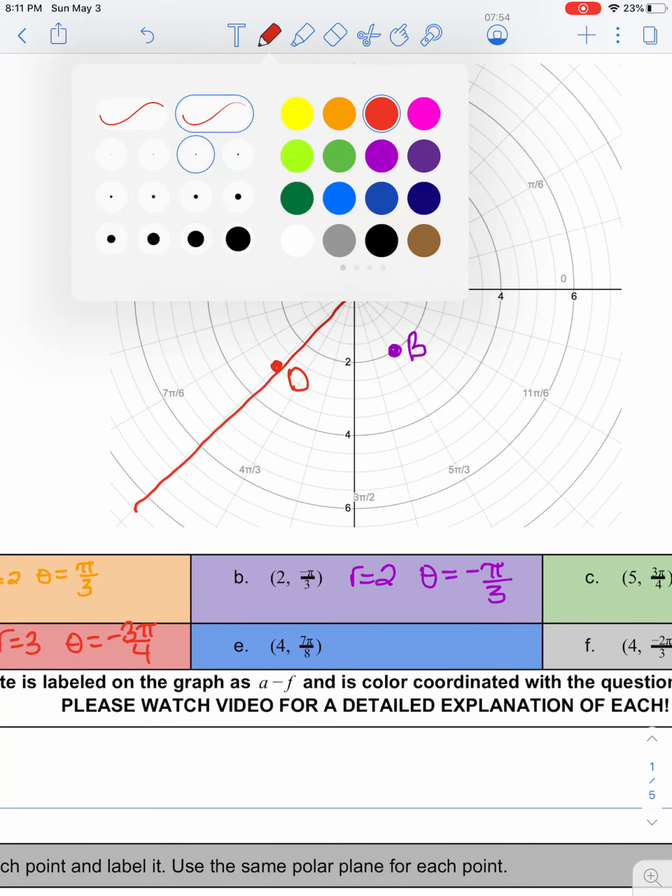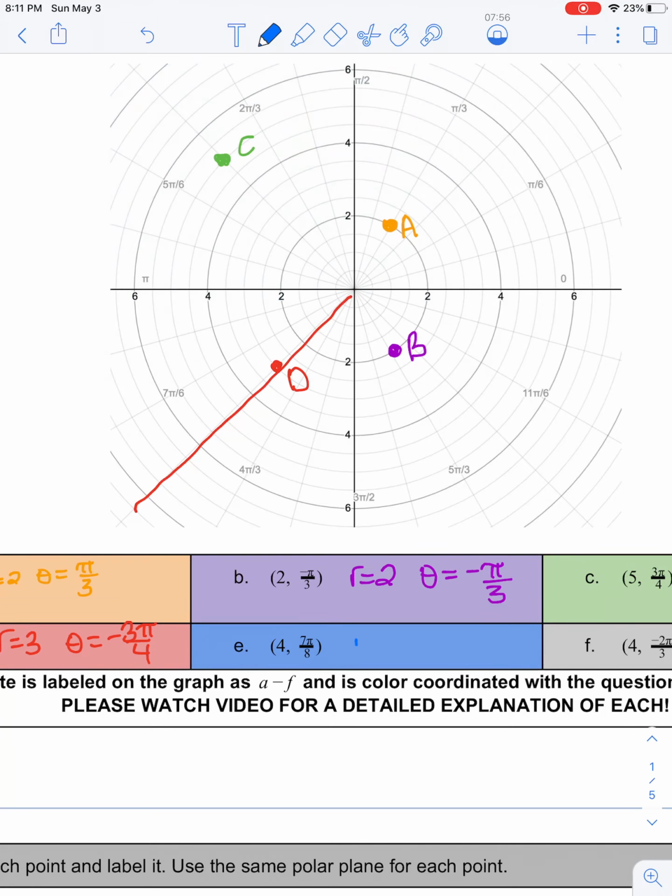Okay, so next is point E. We have a radius of 4 and a theta value of 7 pi over 8. This is a little different than what we're used to. 7 pi over 8 is not a unit circle value, so it's maybe something we haven't seen before, or something we have seen but aren't super comfortable with. But the same idea applies.